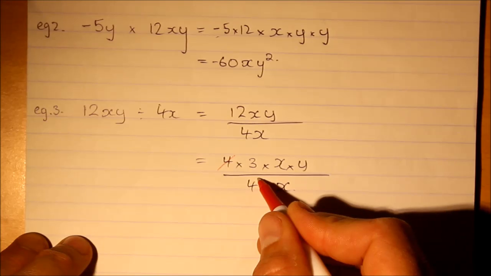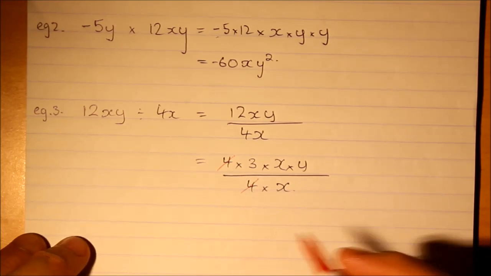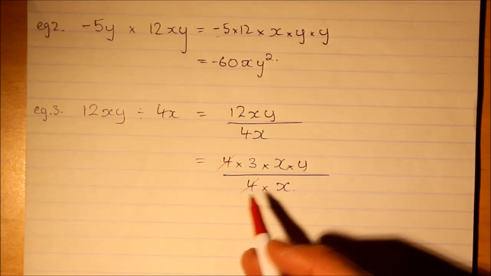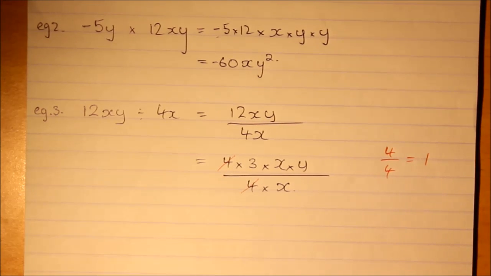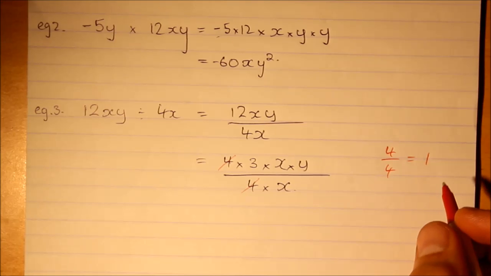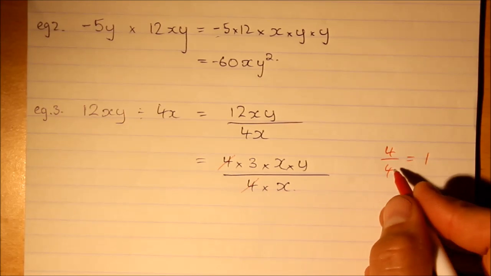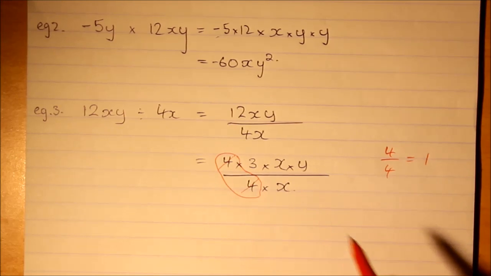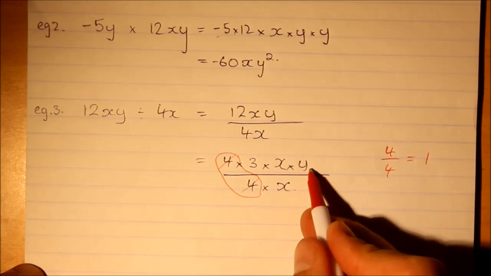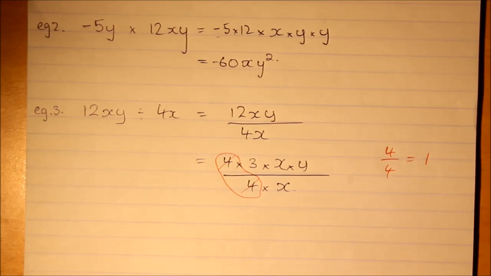Now what do I mean by cancel? It's not 0. What's happening here is we're having a division. 4 over 4 equals 1. So if that part equals 1, times the rest, it doesn't change anything.